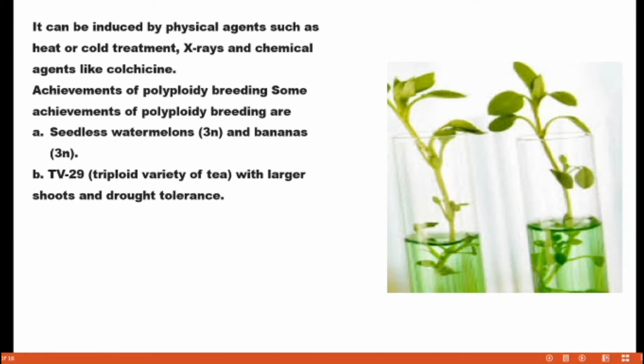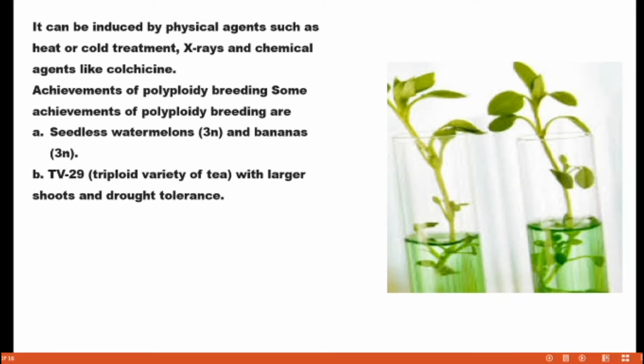It can be induced by chemical as well as physical agents such as heat and cold treatment, and X-rays. X-rays are also considered a physical agent, as are cold or heat treatment. So the polyploidy process may be carried out by these processes.